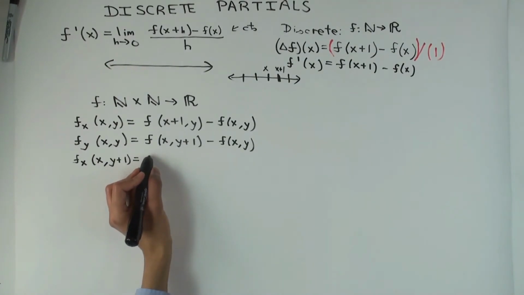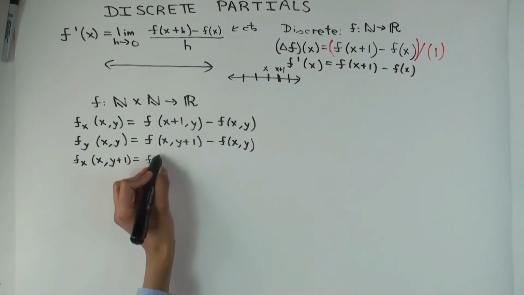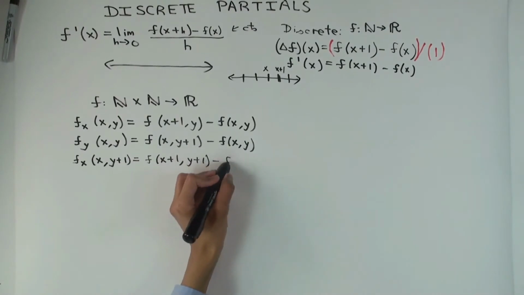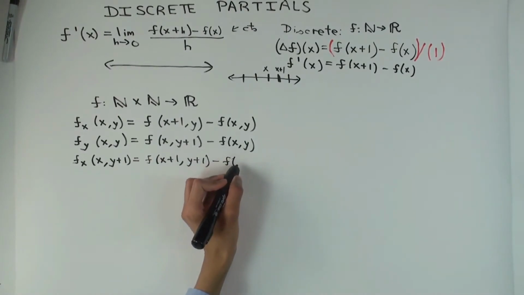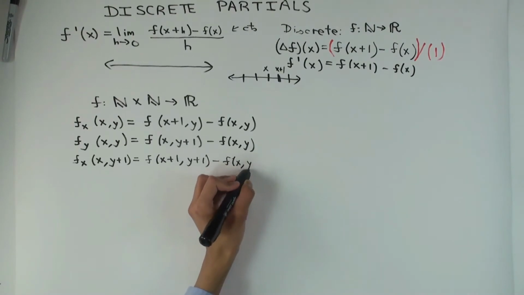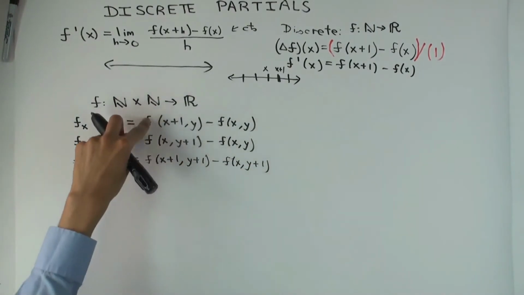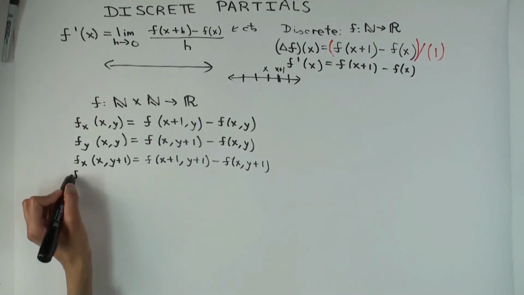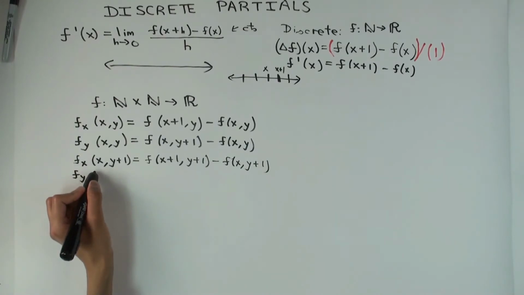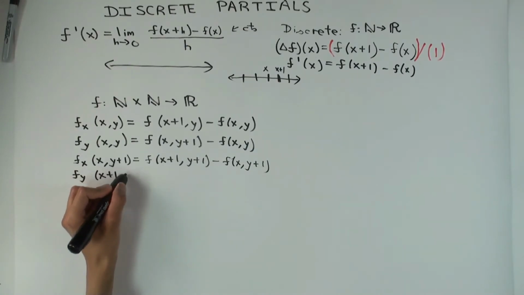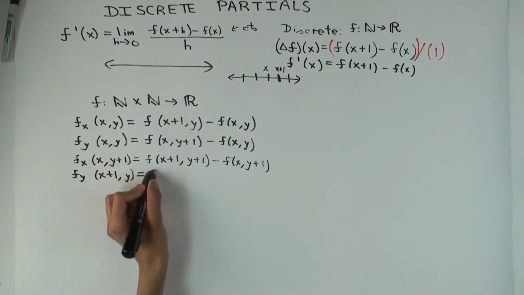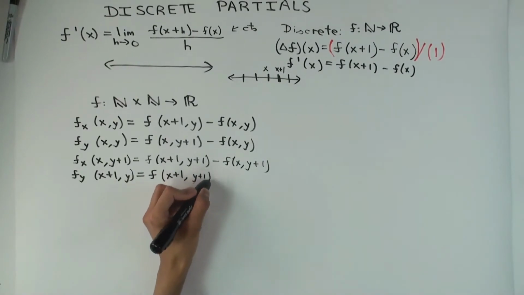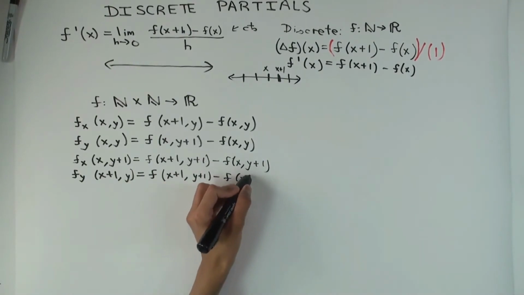That will be f of x plus 1 comma y plus 1 minus f of x comma y plus 1. So it's the same as this, except your y just gets replaced by y plus 1 everywhere. And what is f sub y of x plus 1 comma y? It will be f of x plus 1 comma y plus 1 minus f of x plus 1 comma y.